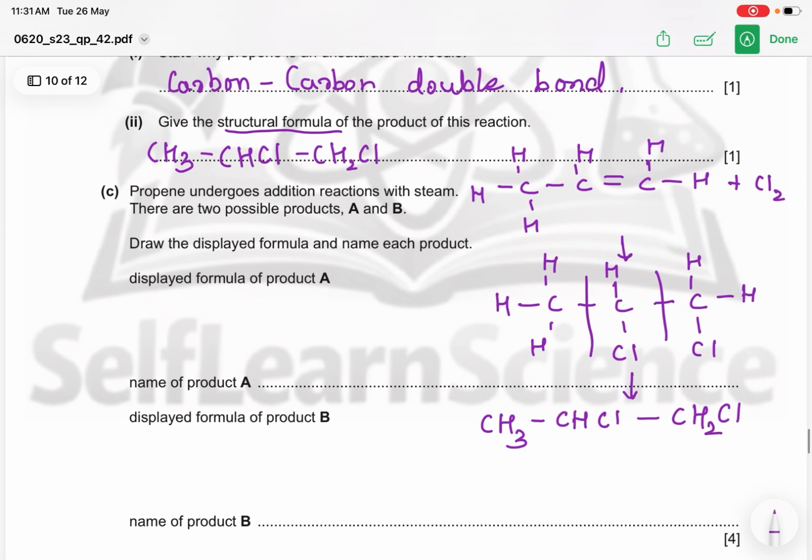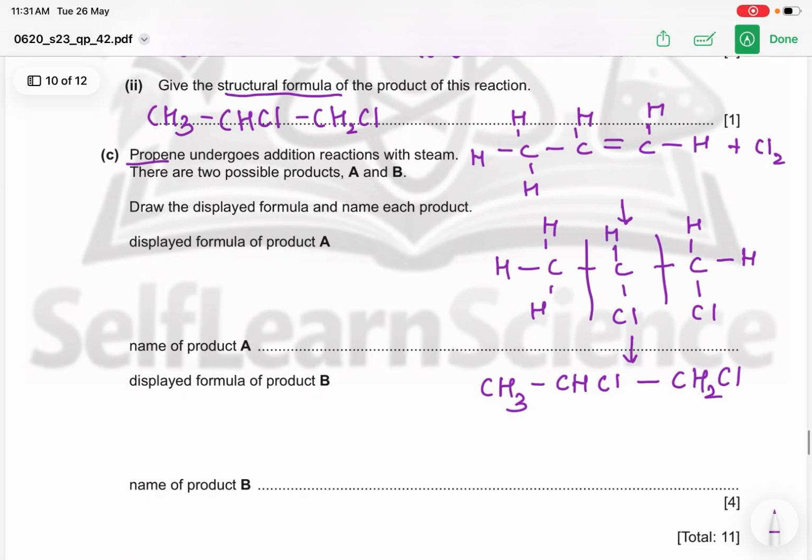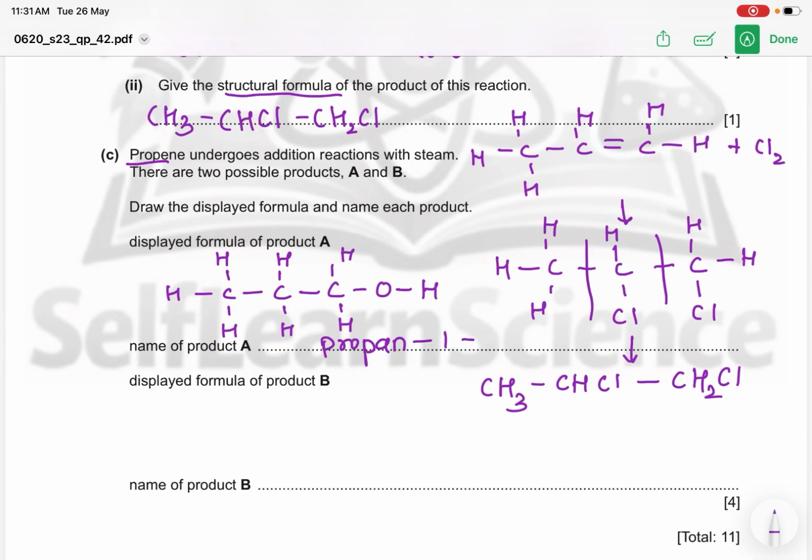So the displayed formula of the first product will be, we have prop meaning 3 carbon atoms, so it is 1, 2 and 3. As I said, the functional group can attach on the first carbon atom. So we'll write that OH, and the remaining will be completed with hydrogens. So it is named as propan-1-ol.